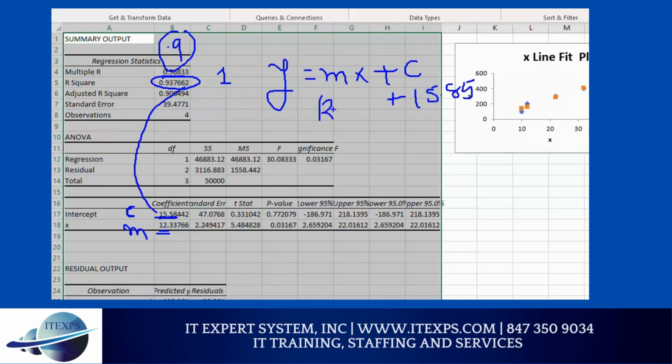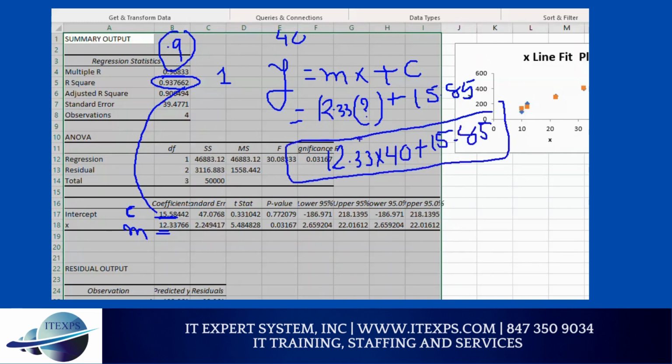So 12.33 times X. Now X can be anything. For example, if I say X is, let's say, 40, then 12.33 times 40 plus 15.85 will be the value of Y. And this way I can predict Y. But no matter what I do, I will always have an error.